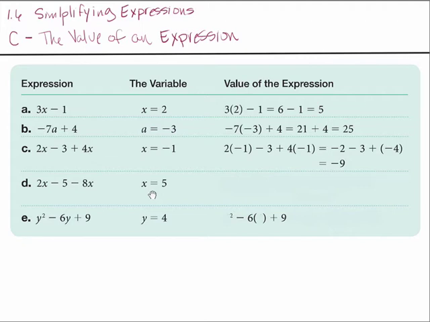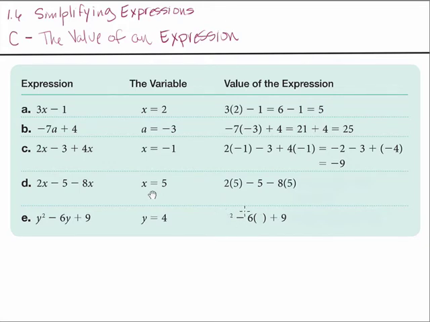Example D is similar to example C. Take 2x minus 5 minus 8x and rewrite it as 2 blank minus 5 minus 8 blank, and then replace the x with a 5.